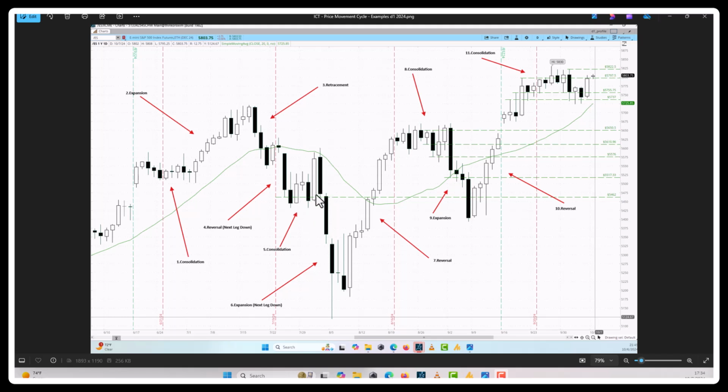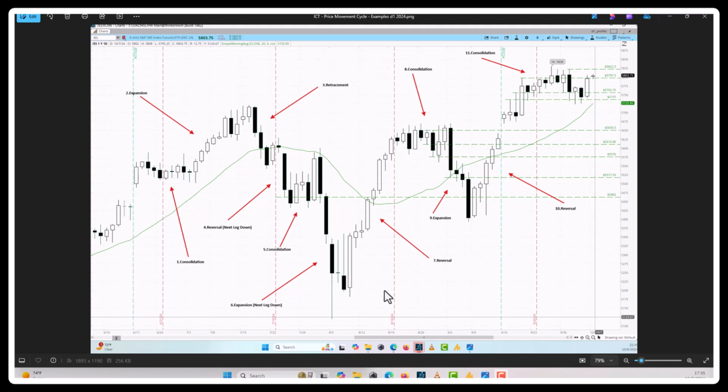And right here, after consolidation, it makes what? It makes another leg down, which is another expansion. Whenever you see a consolidation, and the price leaves the consolidation, making the expansion move, then you will never see another consolidation.